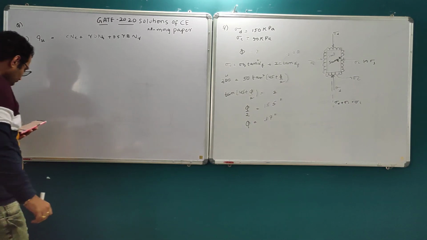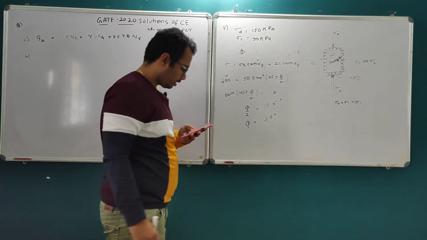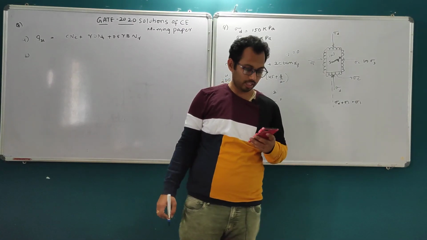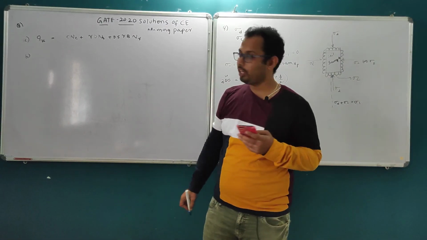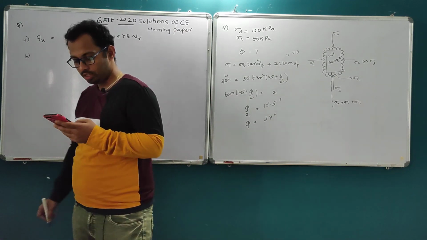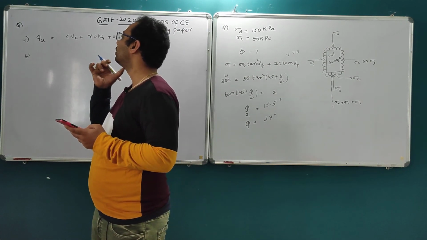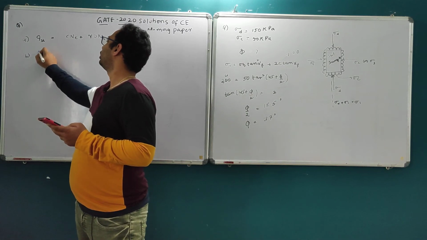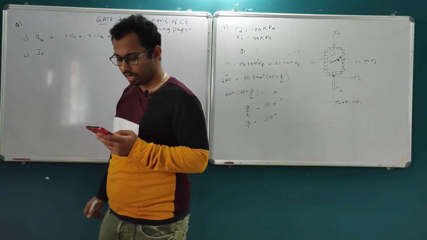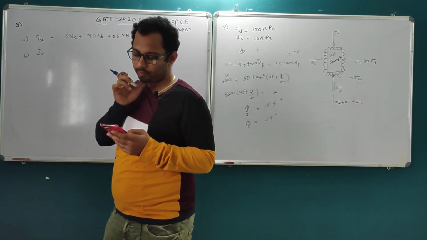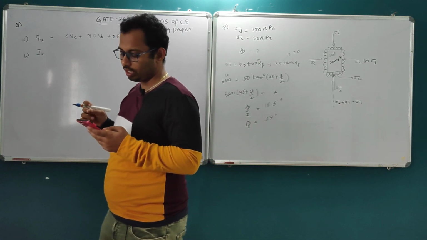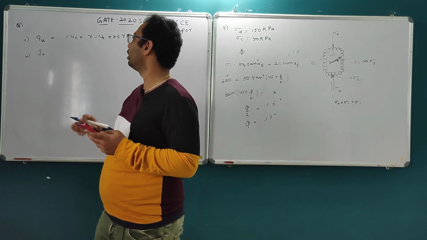B. A clay deposit with a liquidity index greater than unity is in a state of plastic consistency. So what is liquidity index? A clay deposit with a liquidity index greater than unity is in a state of... no, it is not correct, because how do we generally define liquidity index?